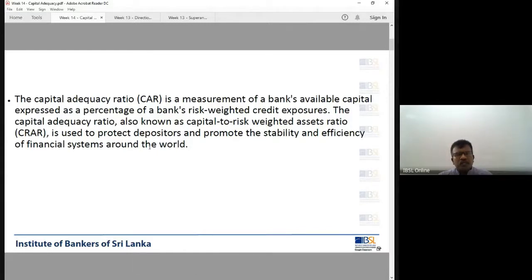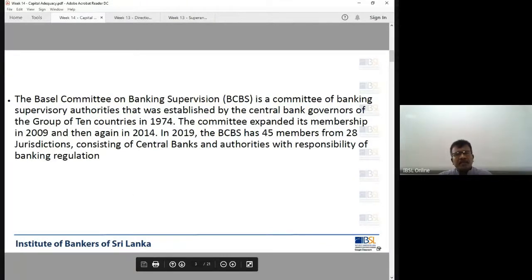If you are going to ensure banks are stable throughout the world, then there must be an organization to look into these rates, decide these rates. That is the Basel Committee. Basel is a city. The bankers who get together in this city decide on the capital adequacy ratios.